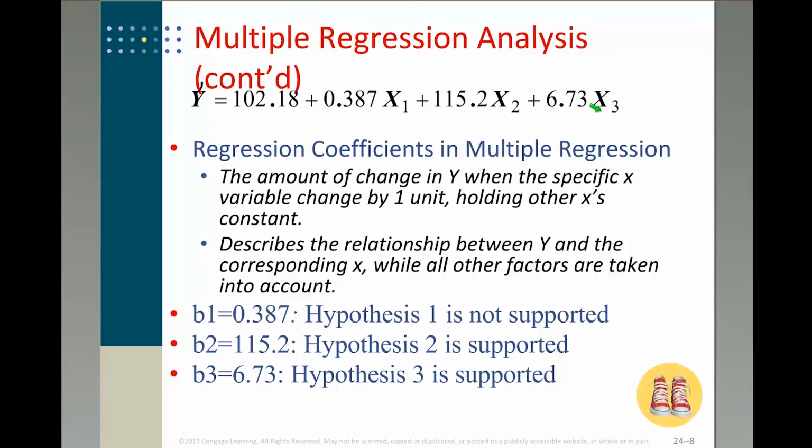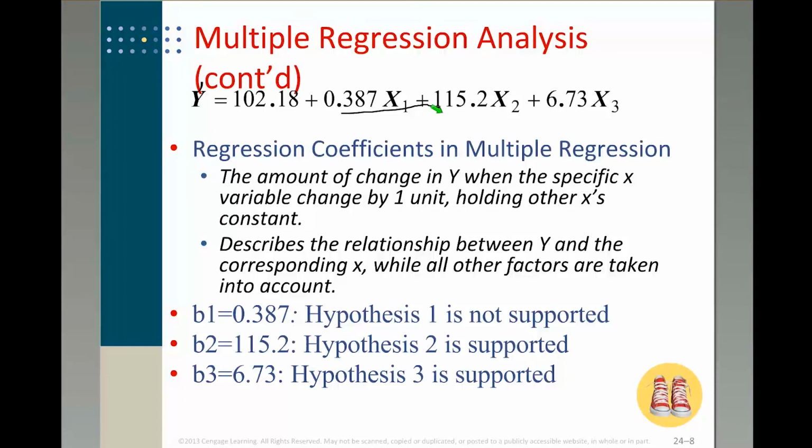So that's something very important to keep in mind. Whenever you try to interpret the coefficient for multiple regression analysis, you're always going to need to mention that you're only changing one X, but keeping the others constant. Now, with these numbers, we can have a rough idea about the hypothesis, okay? I said rough ideas because we are making our judgment purely depending on the numbers.